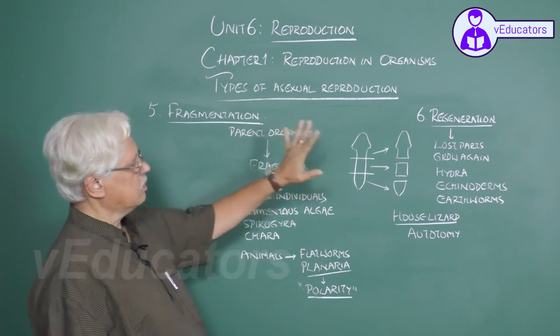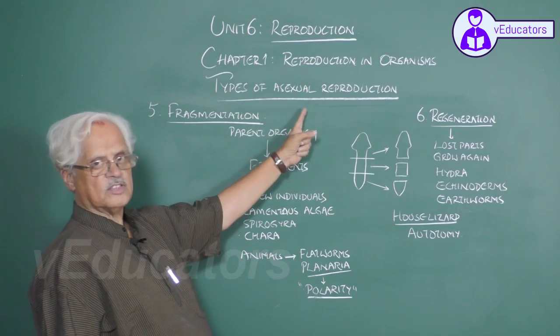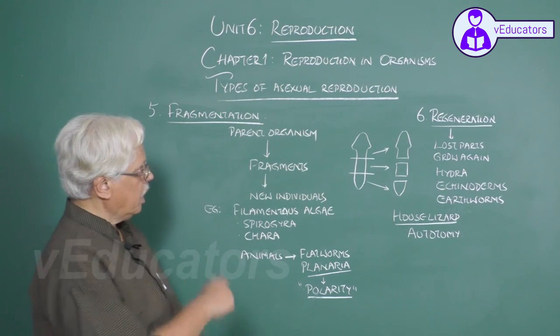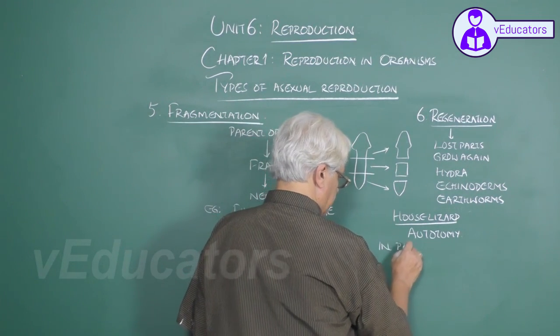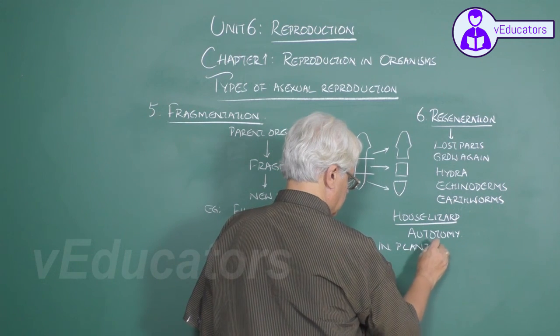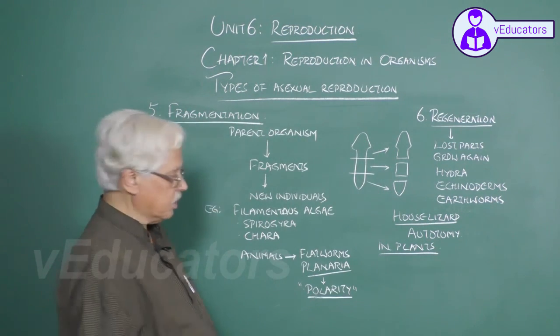So far we have seen different types of asexual reproduction. In addition to all this, in plants, we have another type of asexual reproduction.